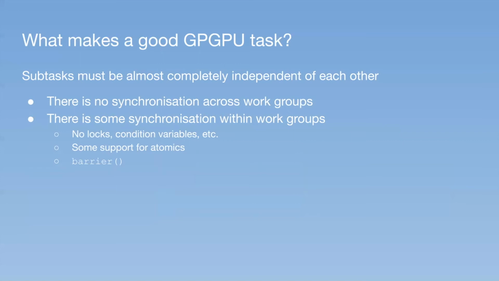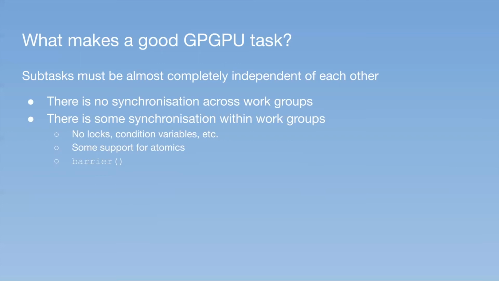So if you've got one thread in one work group and one thread in another work group, there's no synchronization between them at all. And this is because these work groups are like pipelined and they're running queues. So by the time one work group executes, another one might already have finished. So there's no reason to synchronize between them really.